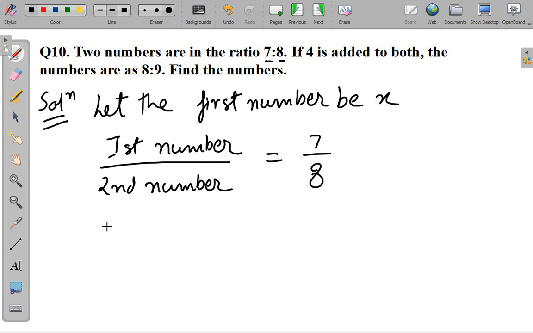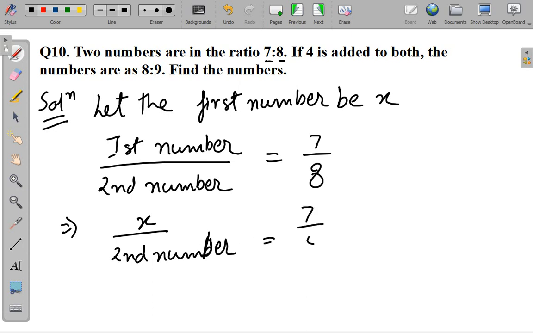The value of the first number we determined as x. The second number we don't know.